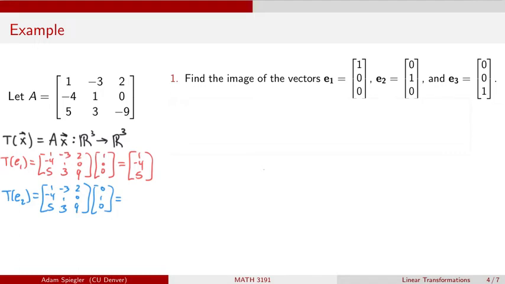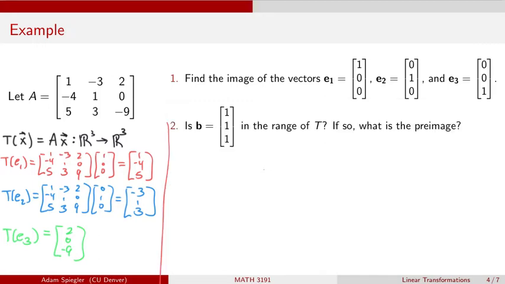So the only thing that's going to be left after doing this multiplication is that second column, which is the 3, 1, minus 3. And if you're thinking, well, what's going to happen to T of E3, hopefully you're picking up on the pattern that this would just pull off the third column of matrix A.